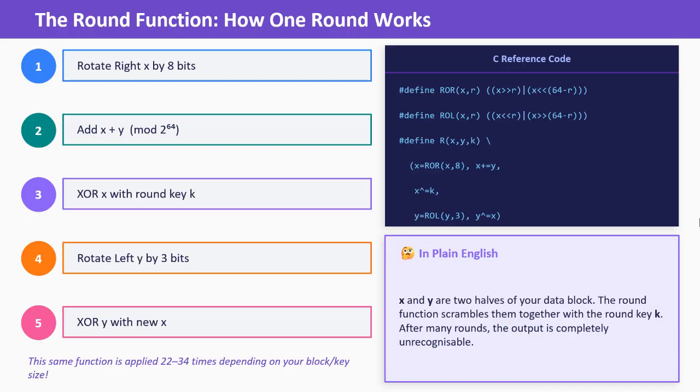I think it's based off the word's bits. Then XOR x with a round key k, then you rotate y left by 3 bits, and then XOR y with the new x. X and y are two halves of your data block, and the round function scrambles them together with the key. After you just keep doing it however many times, the output becomes hard to read.